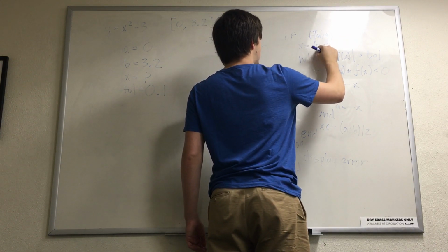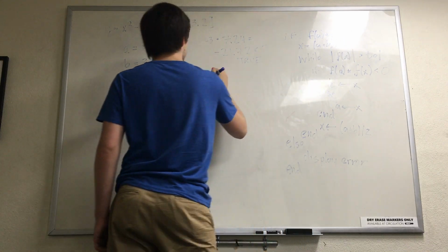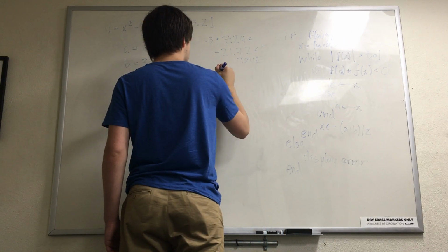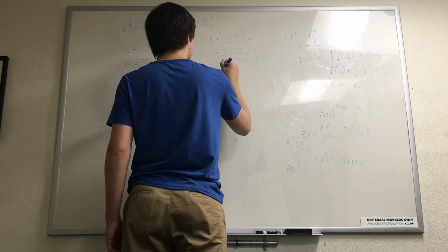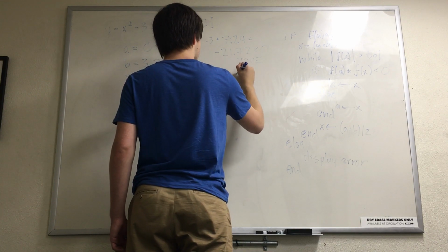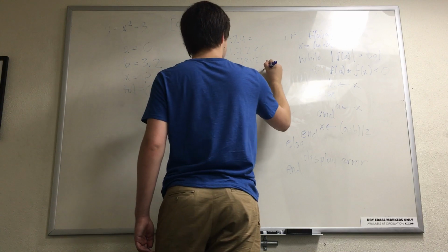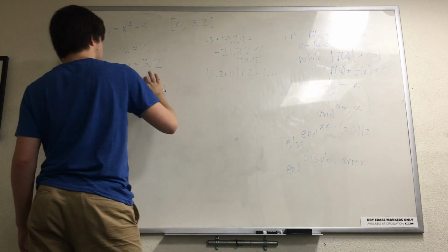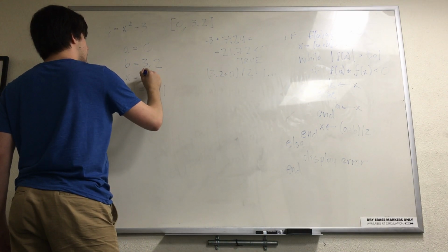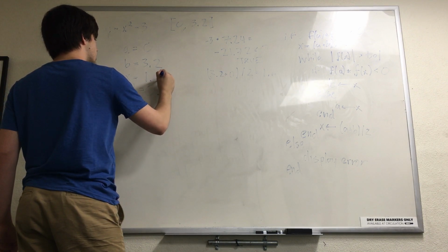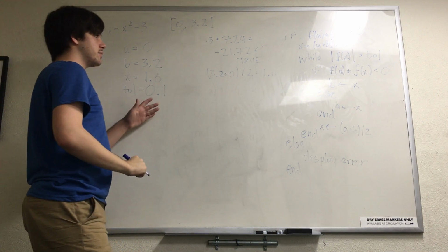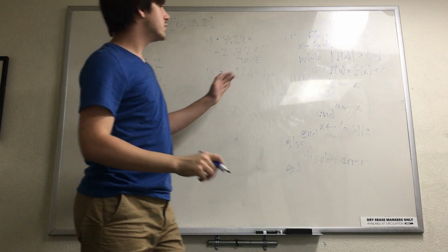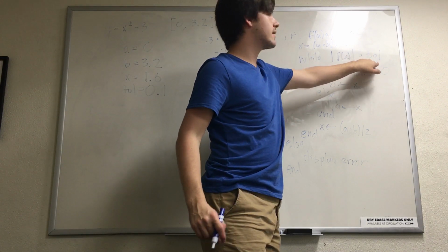Then we're going to set x equal to a plus b over 2. So x would be equal to 3.2 plus 0 over 2, which is equal to 1.6. So x is now saved in memory as 1.6. All right, now we're going to do while the absolute value of f of x is greater than tolerance.